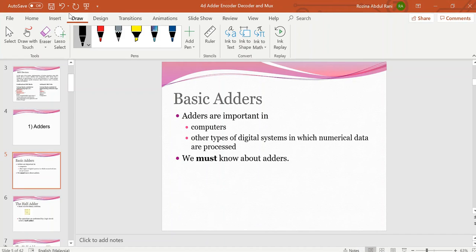They are also used in other parts of the processor, where they are used to calculate addresses, table indices, increment and decrement operations, and other similar operations. Since adders are widely used in computers and processors, we need to know how they operate.